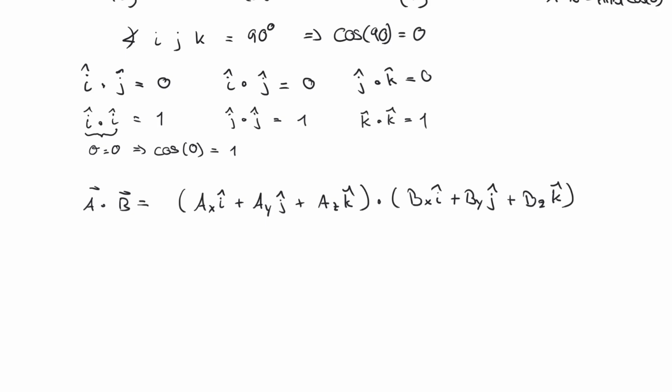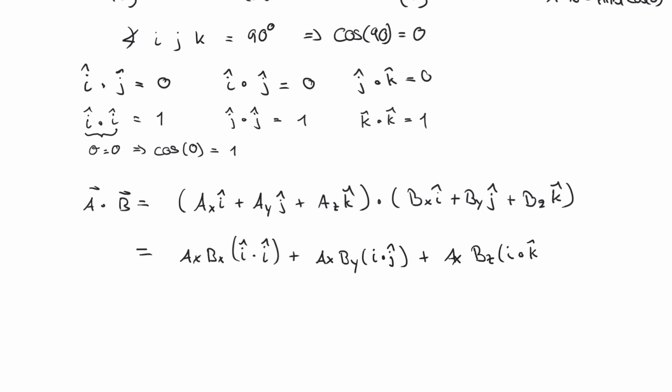And now if I do what I learned in high school, where I combine the terms properly, I would be able to rewrite this as something like ax bx i hat dot i hat, plus ax by times i dot j, plus ax bz times i dot k.